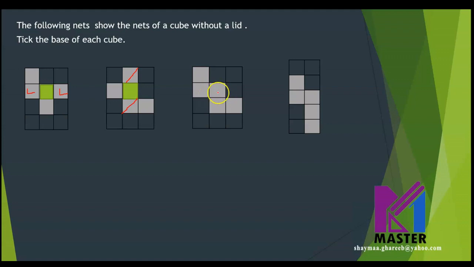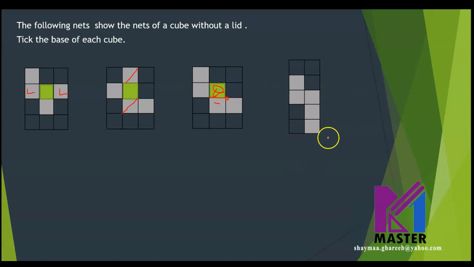What about these two? The one in the middle cannot be opposite to this one because they meet at a point, and cannot be opposite to this one because they meet at a side. So the one in the middle also is the only face that has no opposite face. So this will be the base of the cube.